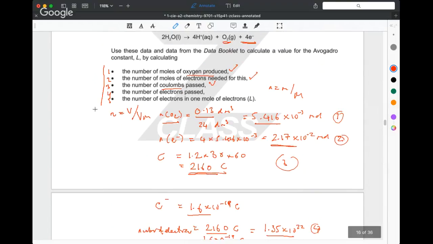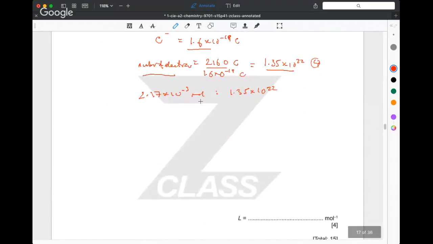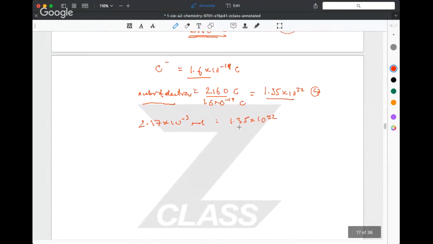So we've worked out the number of electrons. We want to work out the number of electrons in 1 mole. So we've got here the number of electrons not in 1 mole, but in that many moles. So to get 1 mole, we just say, well, for 1 mole, we must have that many electrons divided by that many moles.